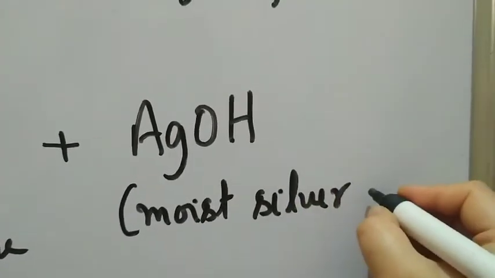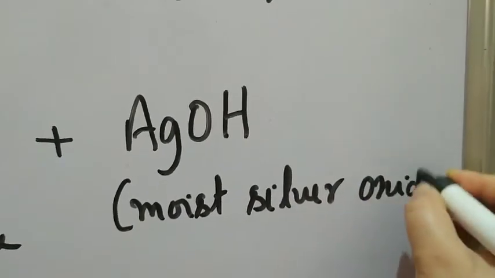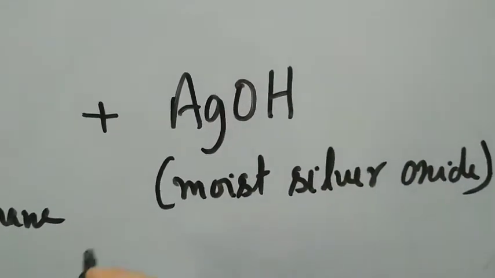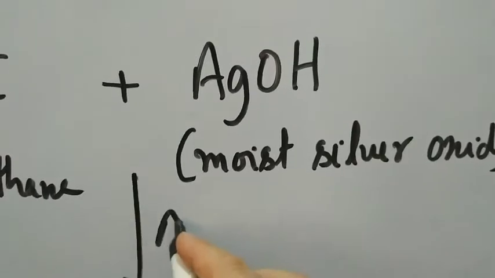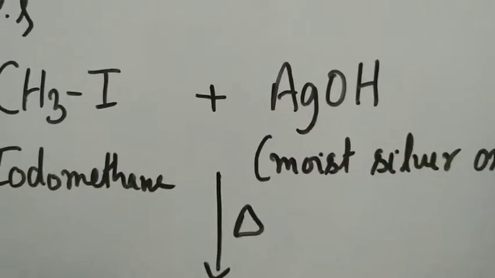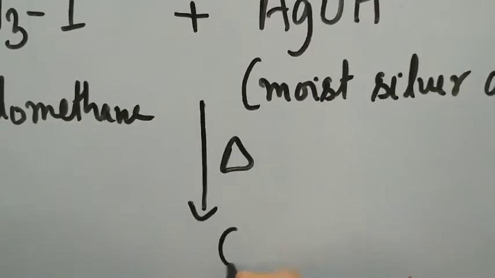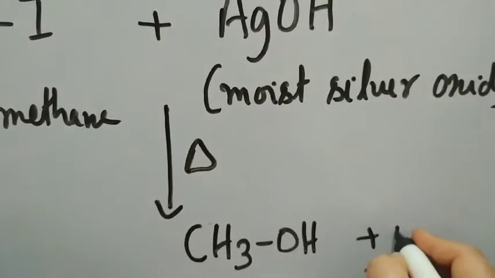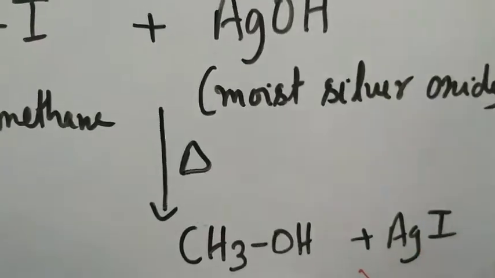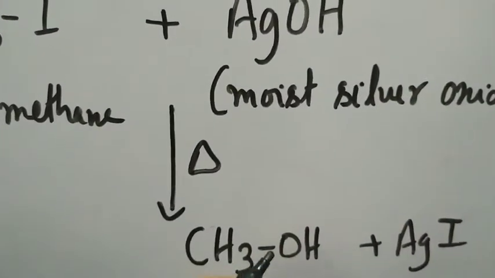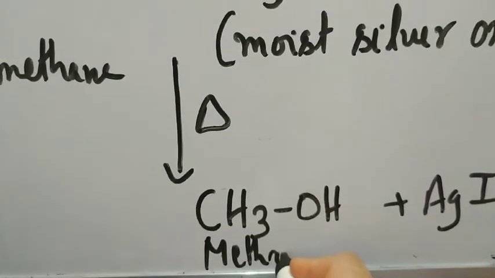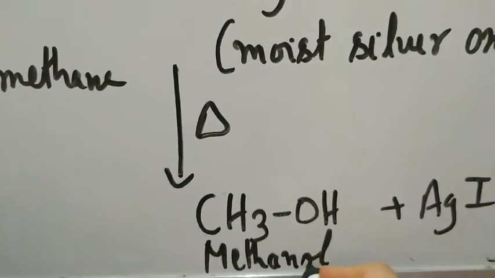You will mention in the brackets that it is moist silver oxide. That is why we have written the formula as AgOH. The whole reaction mixture is heated, and what we get is CH3OH plus AgI as the byproduct. The alcohol formed here is methanol, right?